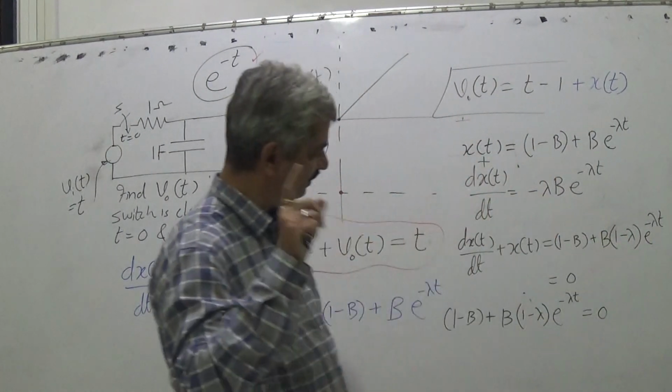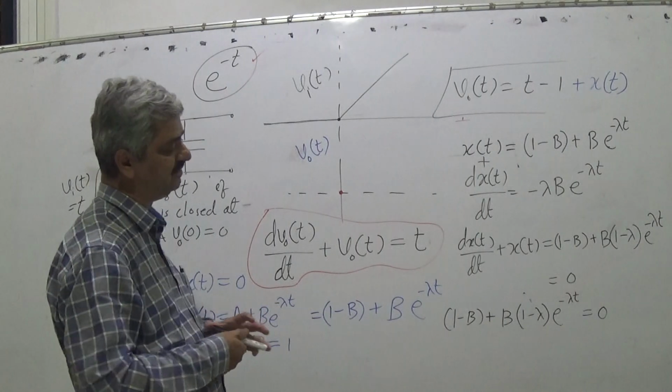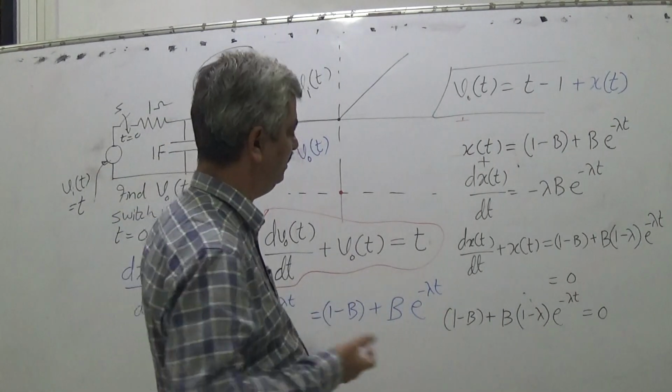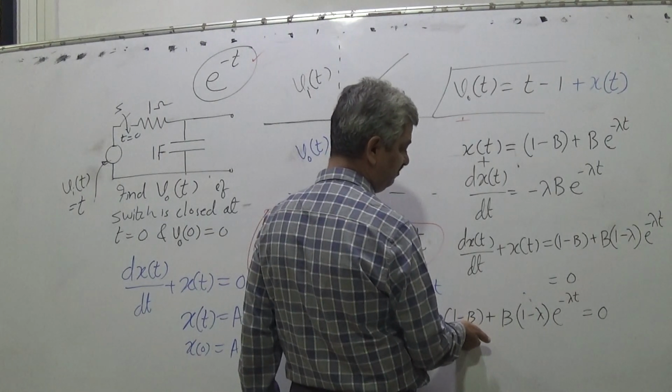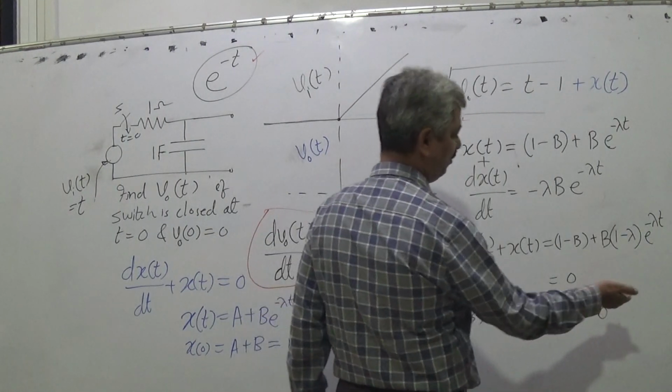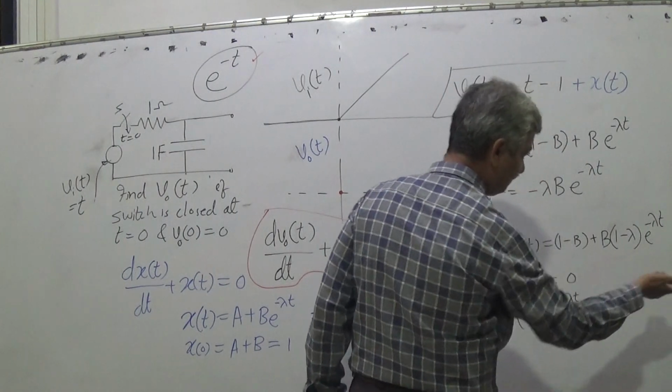I have told you long time back, for this equation to be true, it has got something without exponential term, something with exponential term, and on the right hand side there are no exponential terms.